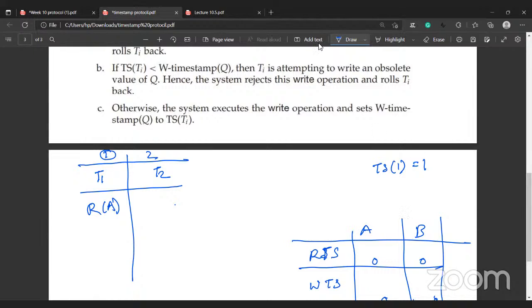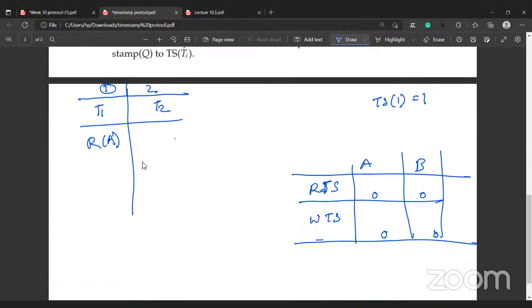So these timestamp values 1 and 2 are different from these values 0, 0, and 0. When a transaction enters the system, the system assigns a unique timestamp, 1 and 2. It can be the system clock or it can be a logical counter also.